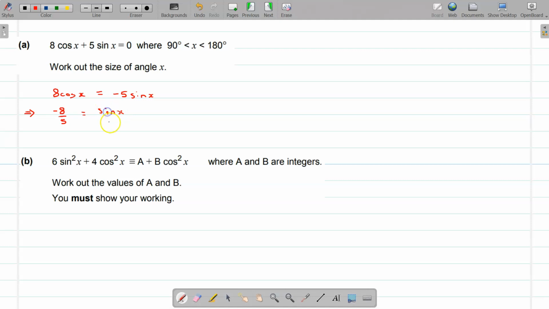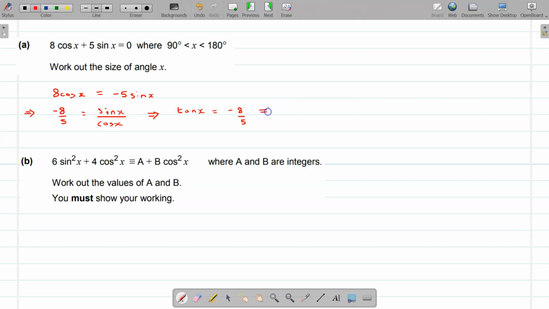Okay, and the reason I've done that, of course, is because sine x over cos x is tan x. Okay, so that implies that tan x is equal to negative 1.6 or negative 8 over 5.